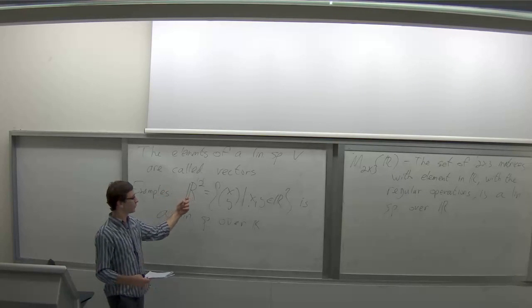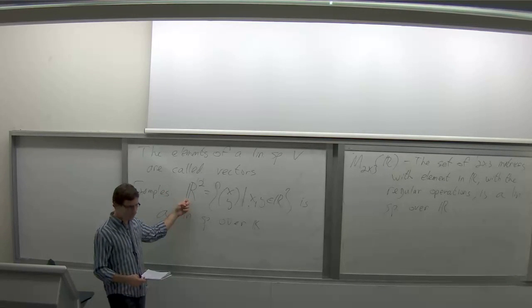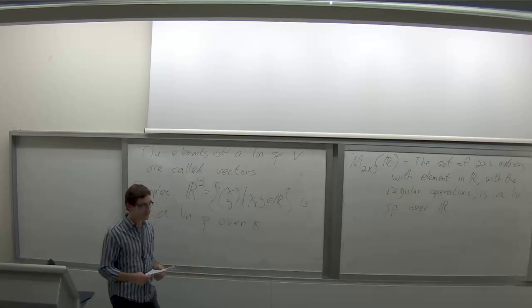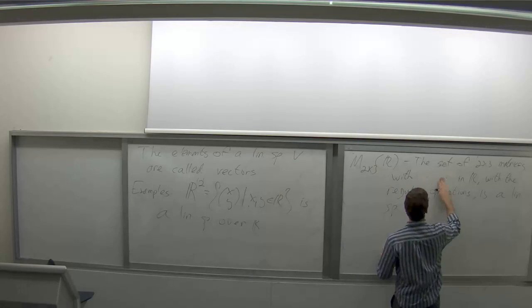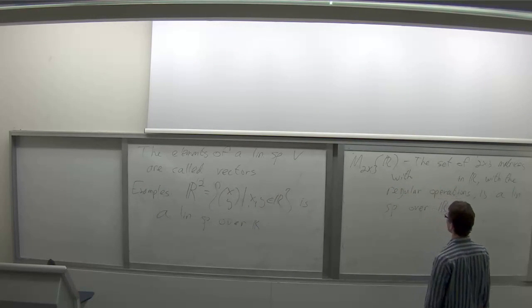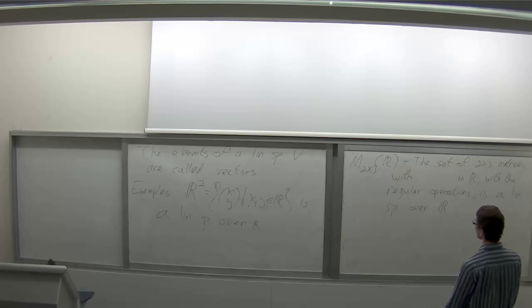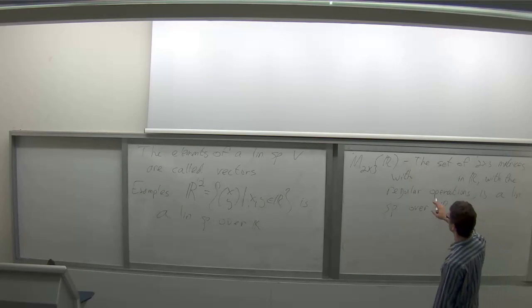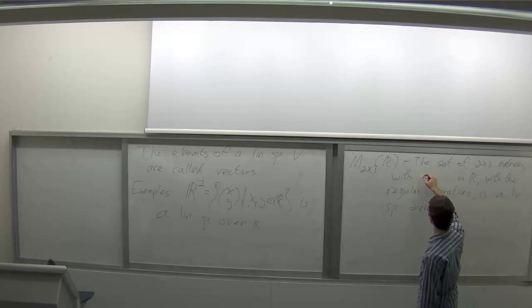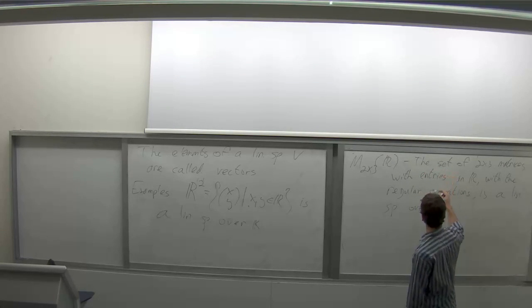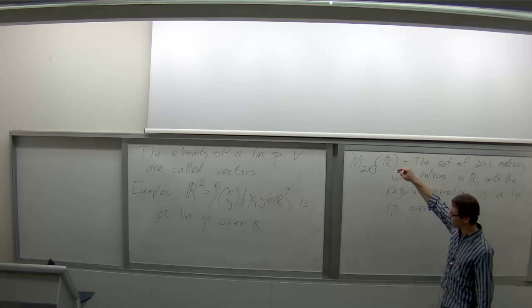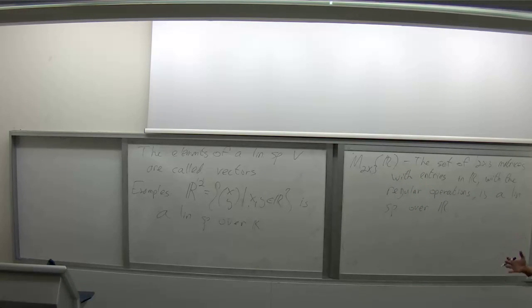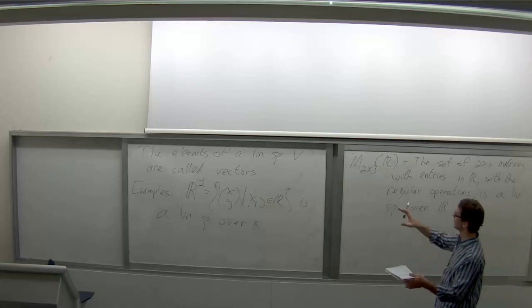Elements in V are in R2, and elements in R2 are called vectors. The elements in R are scalars. For the set of 2 by 3 matrices, when I say the entries of the matrix, I mean what is written inside the matrix. Each matrix is an element here.